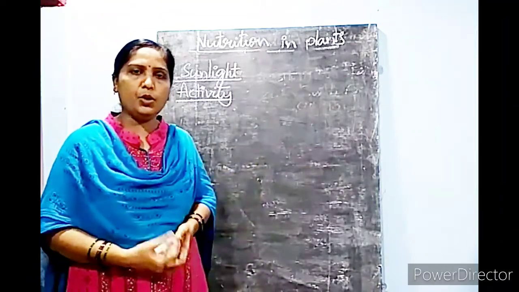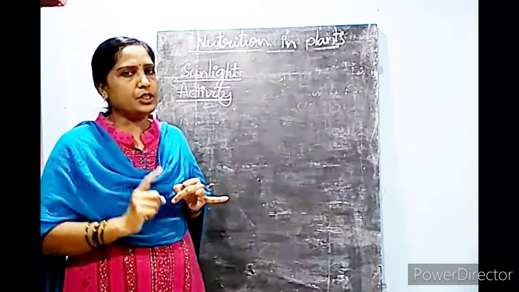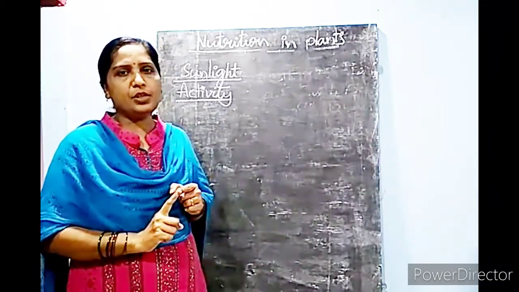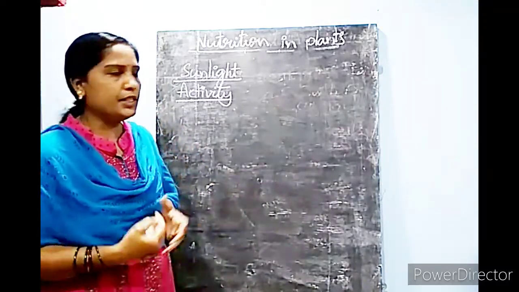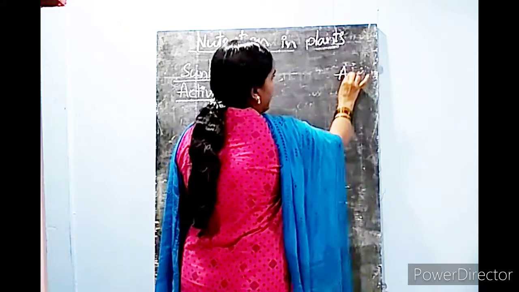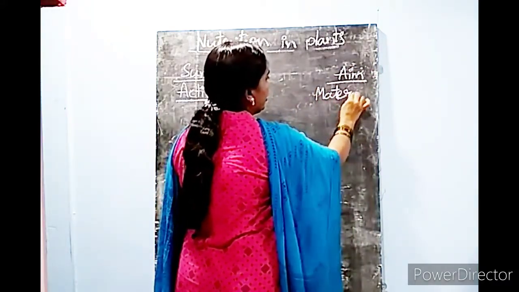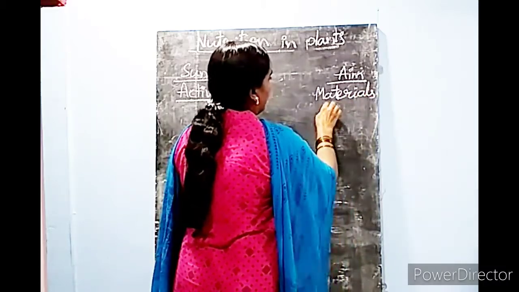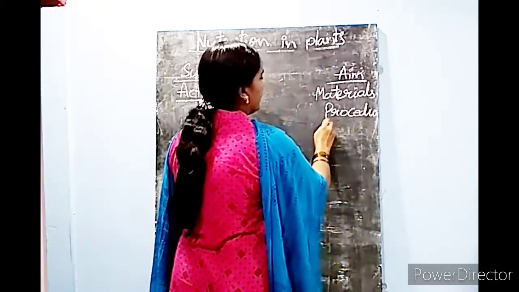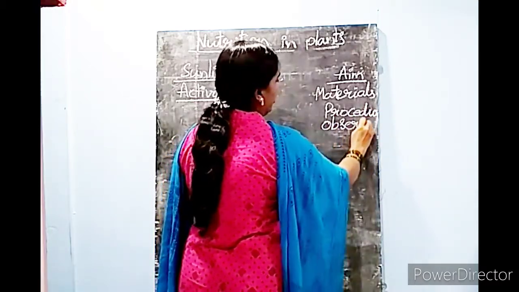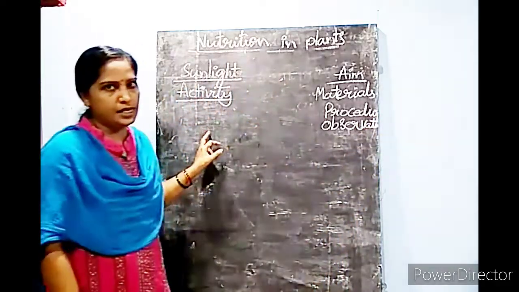In any activity, you all know that you need to write the aim of the activity, what materials you are using, what procedure you are doing, and finally what your observation is. So one is the aim, the second is what materials you use in this activity, the next is the procedure of that activity, and the last is your observation.